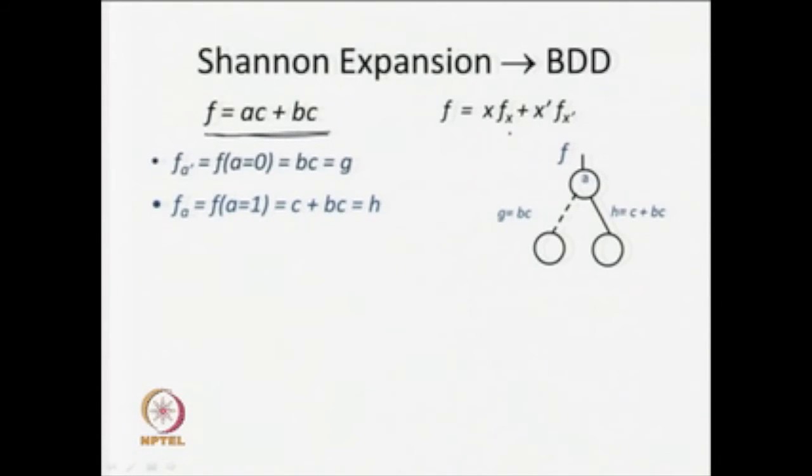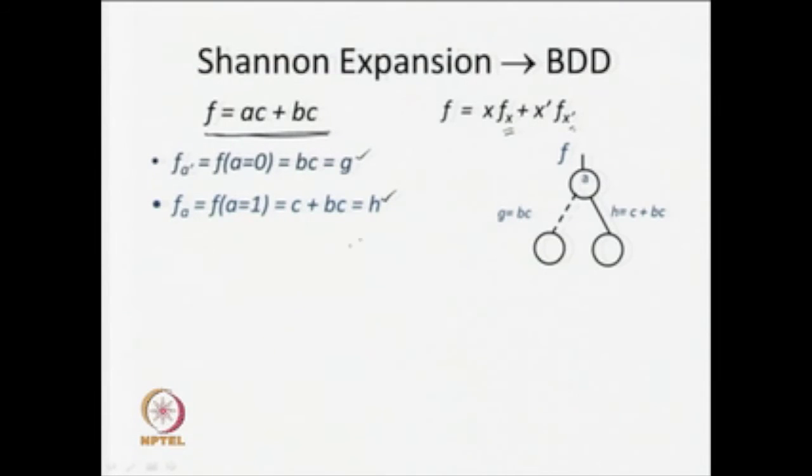That means, the functional value of f when x is treated as equal to 1, and the functional value of f when x is equal to 0. I can say that already I have said that f of A equal to 0 will be your BC, because A equal to 0 I am going to have BC. So, I said that this is your BC, and when A is equal to 1, then f of A is your C plus BC, because A is equal to 1, 1 into C equal to C. Now, the functional value depends on C. So, C plus BC. So, one I am saying that this is a sub function G, and second is sub function H.